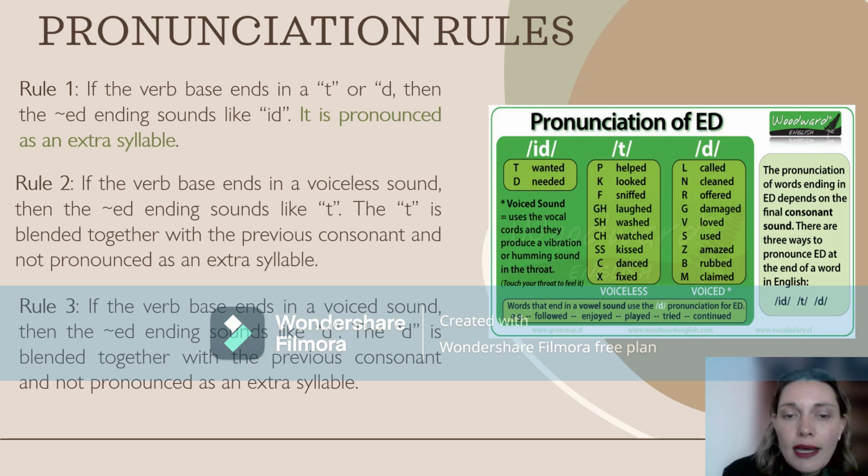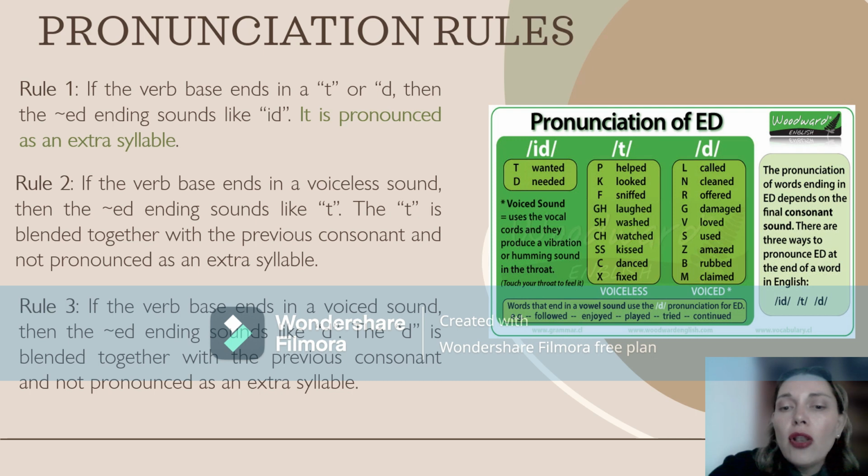Now, when we are talking about some words that end in a vowel sound, we use the d pronunciation. For example, play ends in a vowel sound, so play becomes played.